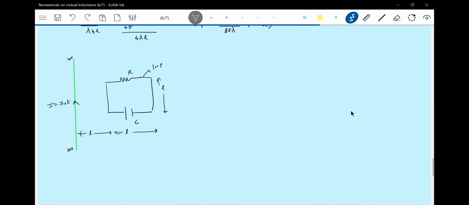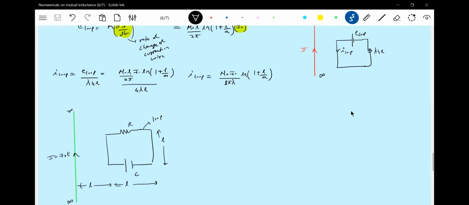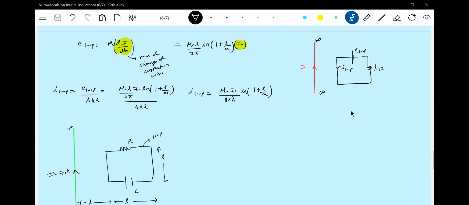First, we should calculate the EMF induced in the loop. So whose help should we take? This particular formula: EMF induced in the loop is M di by dt. I think this will become log 2. EMF induced in the loop should be equal to log 2 term.